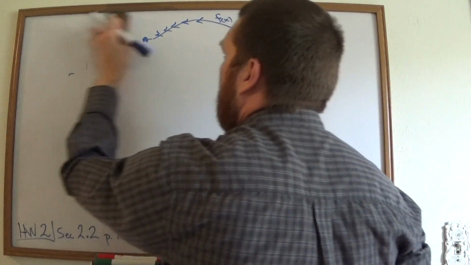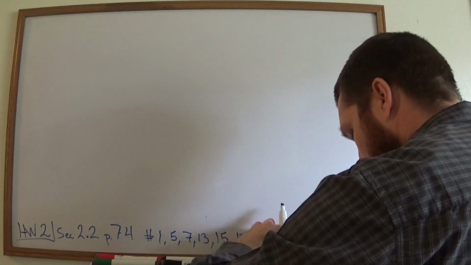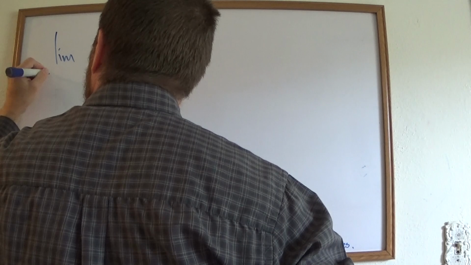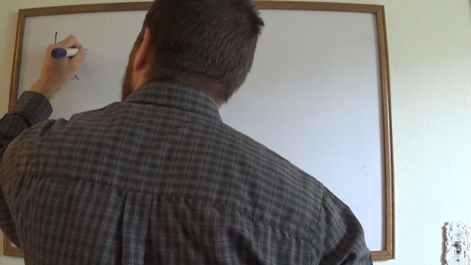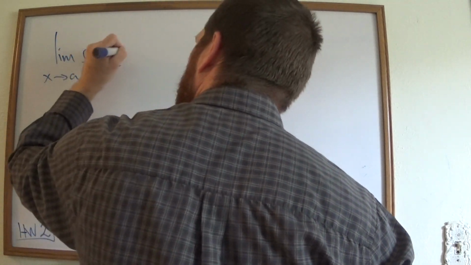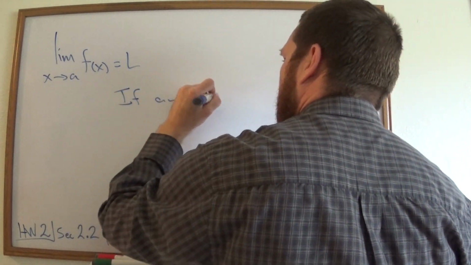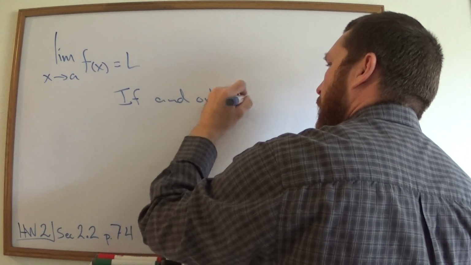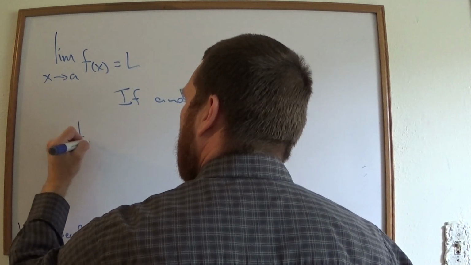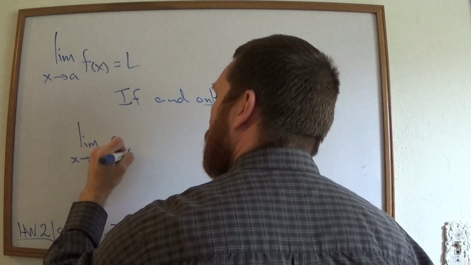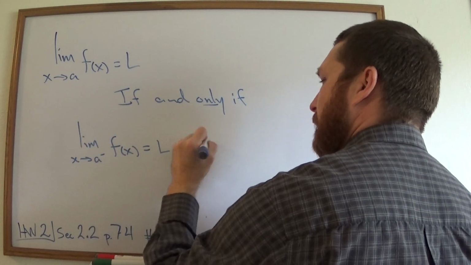This is for any a and any f and any L. The limit as x goes to a of f of x is equal to L if and only if both the left and the right hand limits go to that exact same number.